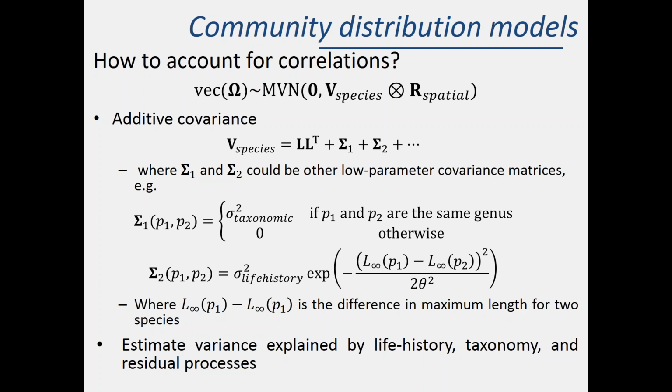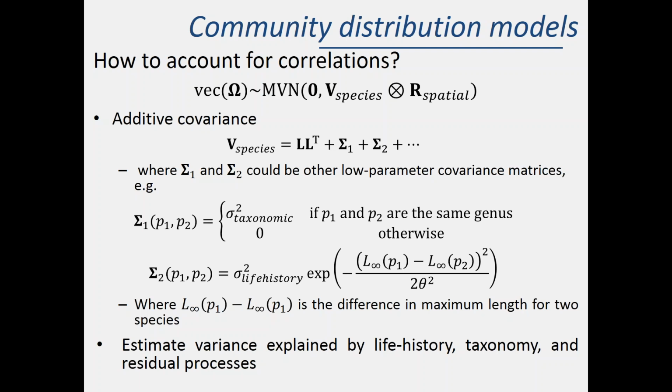And so if you sum the Cholesky part and the taxonomic part and the life history part, and put that in as the V species, then suddenly you've got a very modern way of asking this classic ecological question of, is taxonomic similarity the most important for driving something, or is life history the most important, or is there some underlying factors that we could extract and look at to explain covariance?